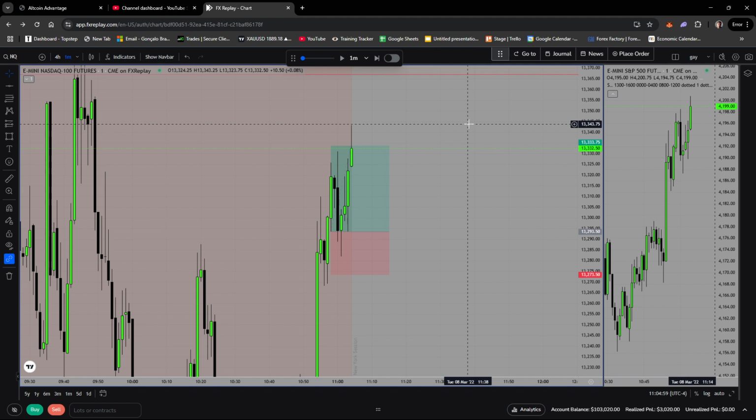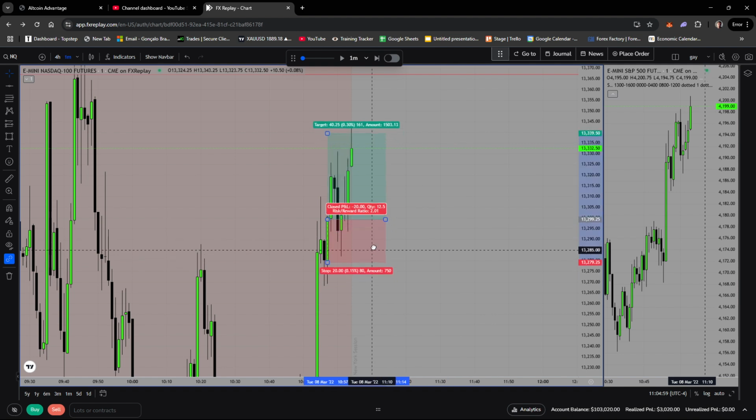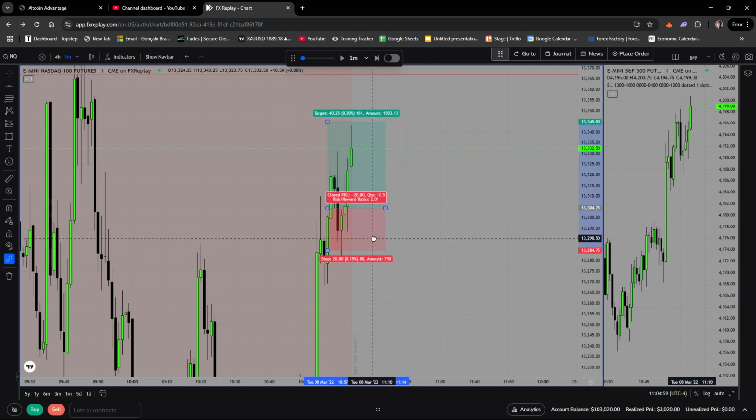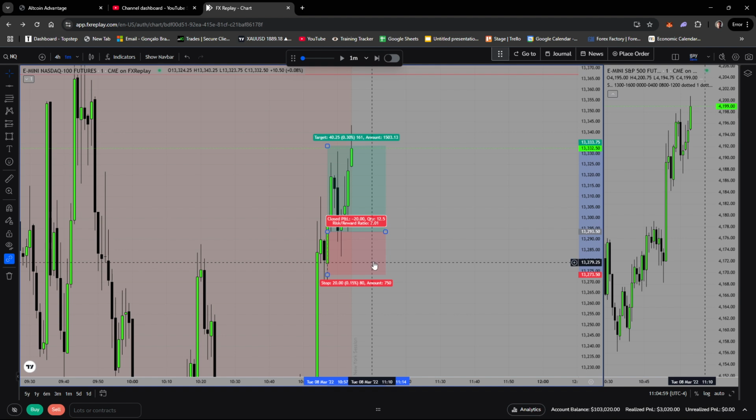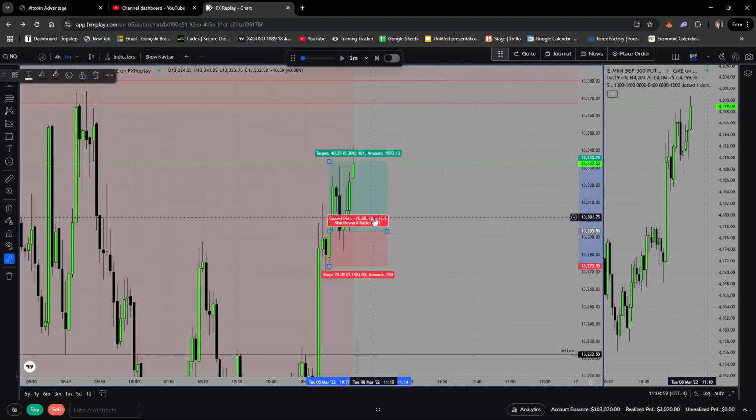Pretty tight position. We're very close to getting tagged out at break even. I was almost last minute tempted to take the higher gap here, but this just looked cleaner. This was the original setup. So I'm happy with that.